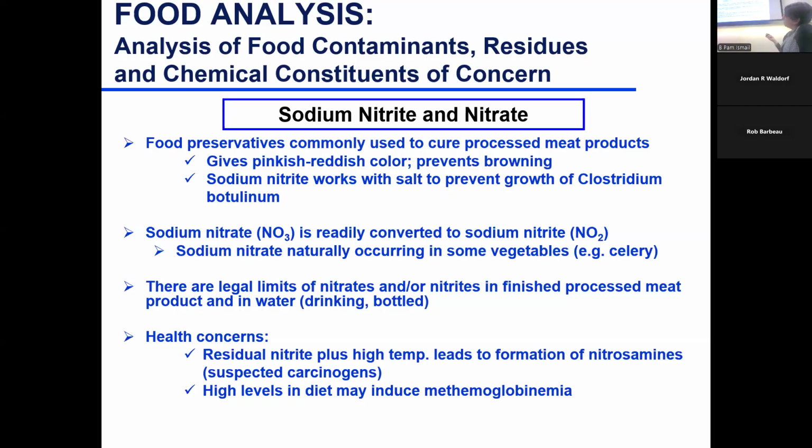Sodium nitrate can also be present naturally in some vegetables, like celery, for example. There are legal limits for nitrates and nitrites, and the problem with them is they can form nitrosamines at high temperature. These nitrosamines are carcinogens. They cause a specific type of blood cancer.